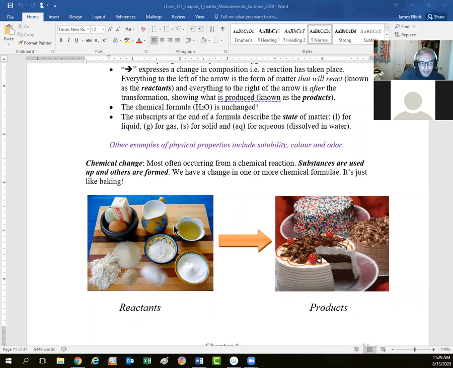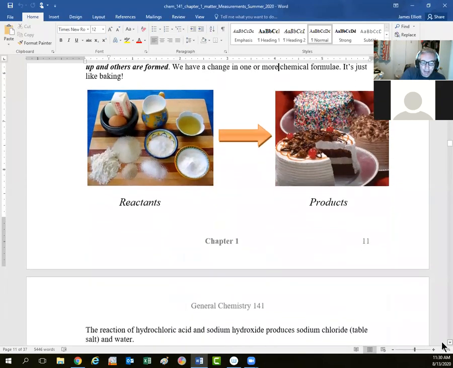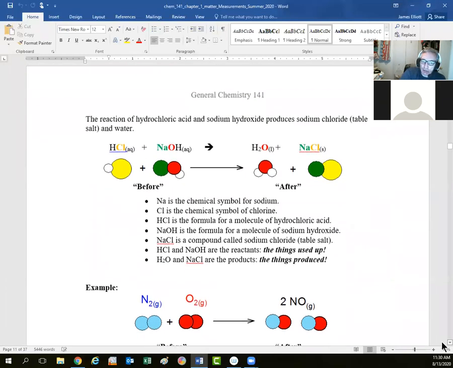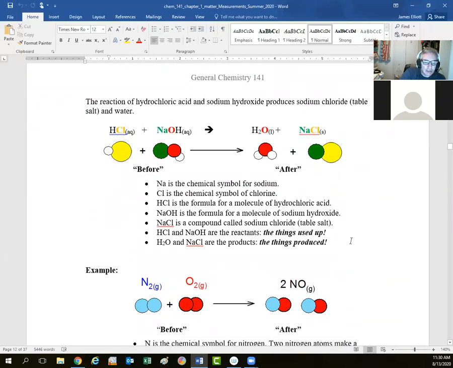You take your raw ingredients, and then over the course of the cooking, you transform those raw ingredients into that wonderful product, which might not look like anything that you had started with previously. Change the chemical formulas, you change how the chemicals look, feel, sound, and how they react.